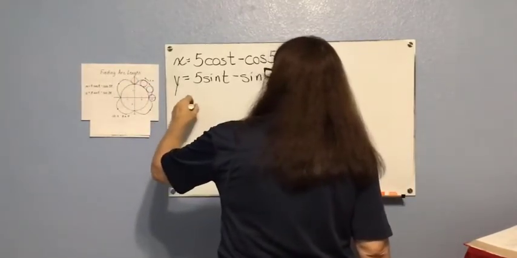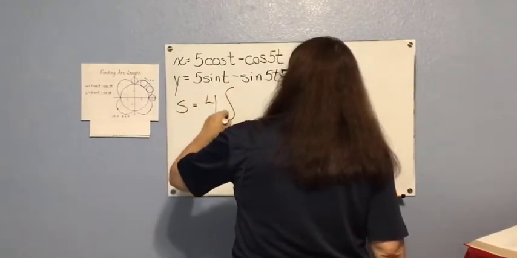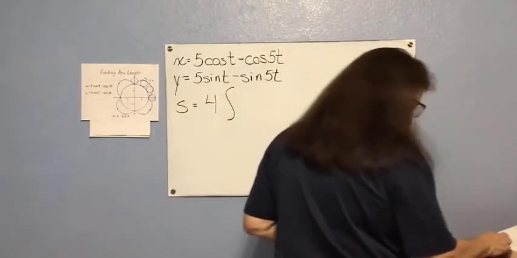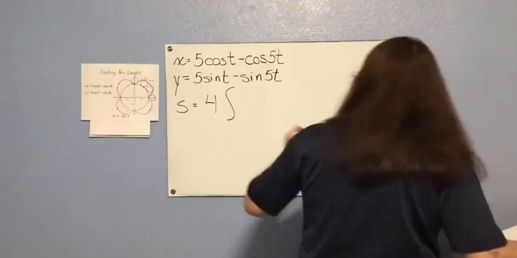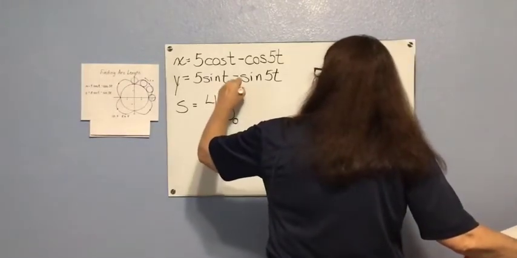So my arc length is equal to 4 times the integral. We're going to go from 0 to pi over 2.